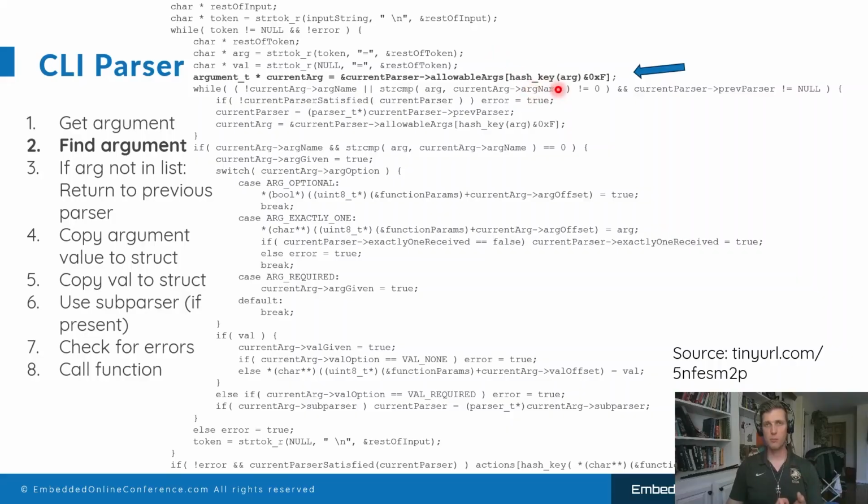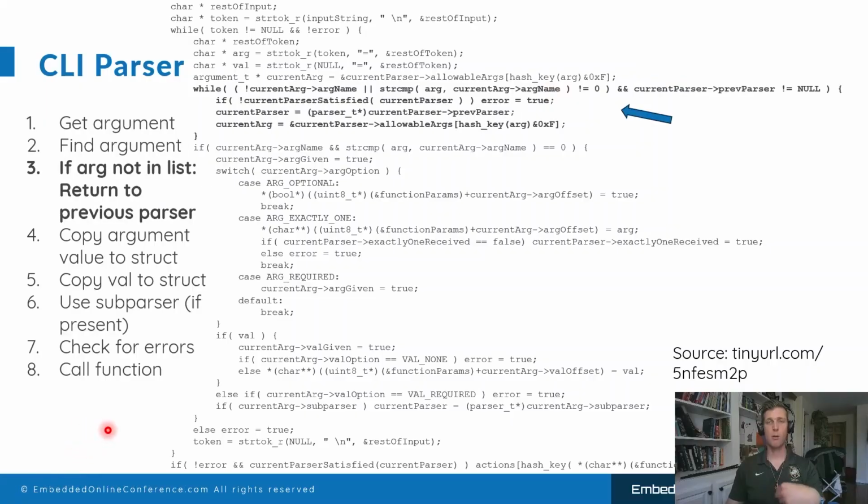So once we've got our input argument, that points to a very specific location in the array. The next thing we do before we do any processing is make sure that we have a match. So hopefully, if we have an argument which is in the array, the hash points to the right location and we're good to go. If there's not an element there in the array, then it might be that I'm processing something higher up the tree.